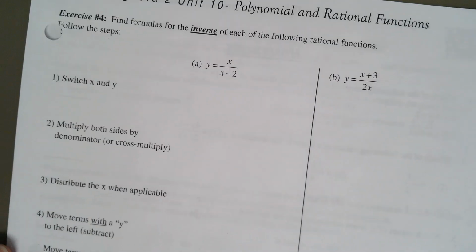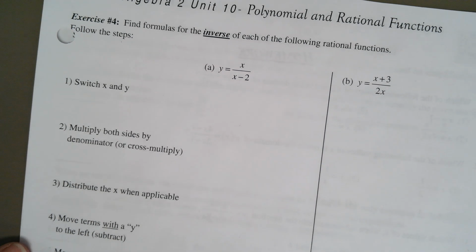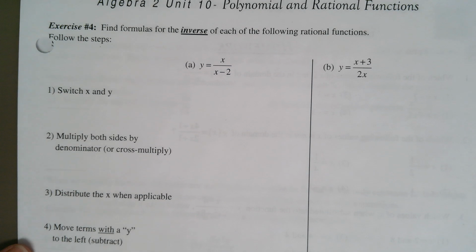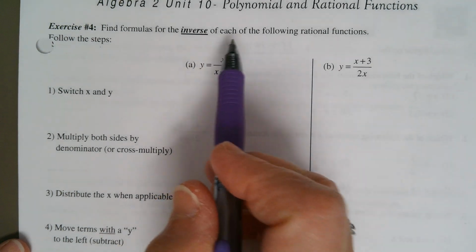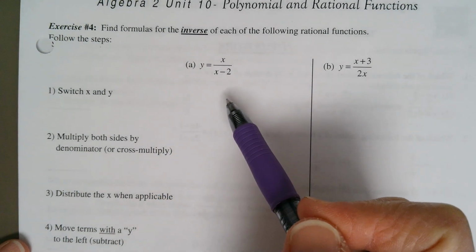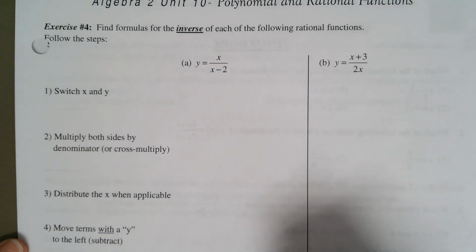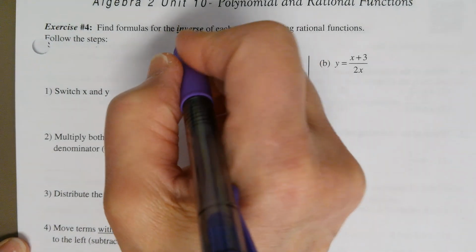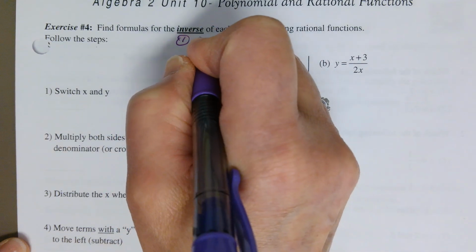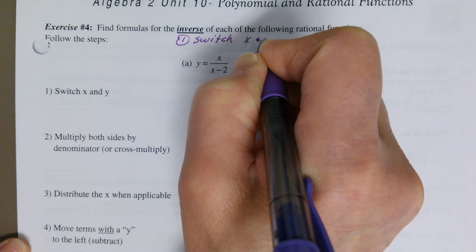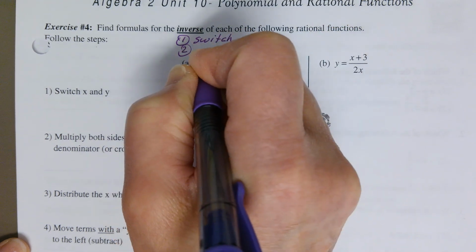Next, page 296. Find the formulas for the inverse of each of the following rational functions. Okay, so we're finding the inverse of rational functions here. We found inverses of linear functions before, and to find an inverse, it's always 2 steps. You switch x and y, and then we solve for y.